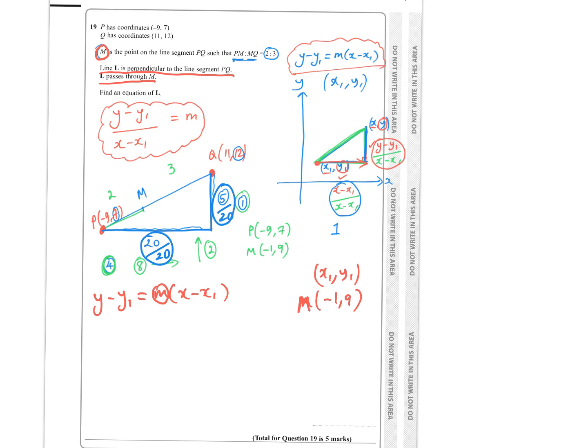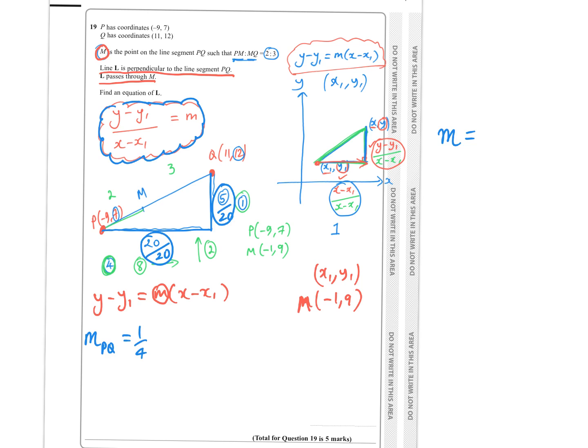So that's one way of finding the gradient of PQ, and I write that as m of PQ is 1 over 4, or 1/4.